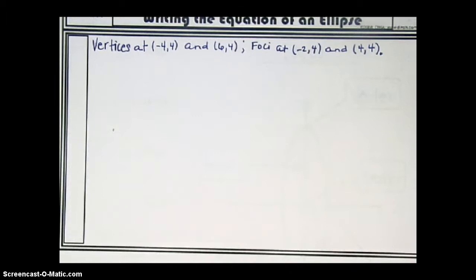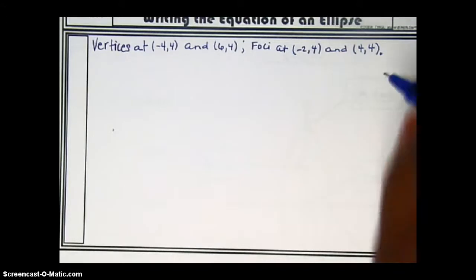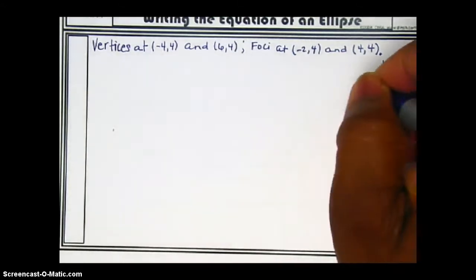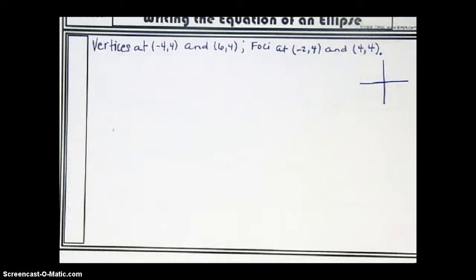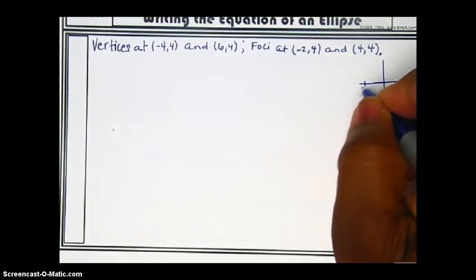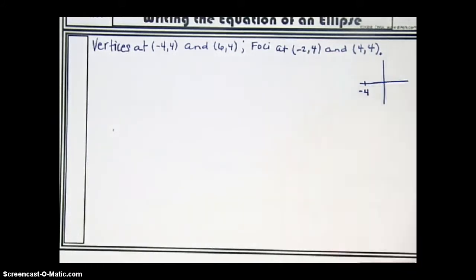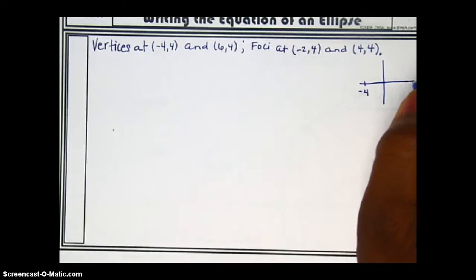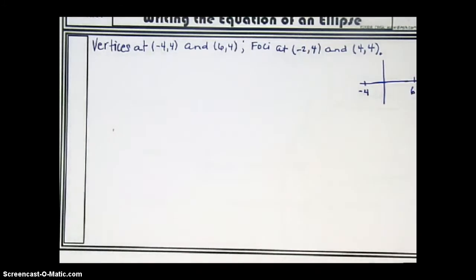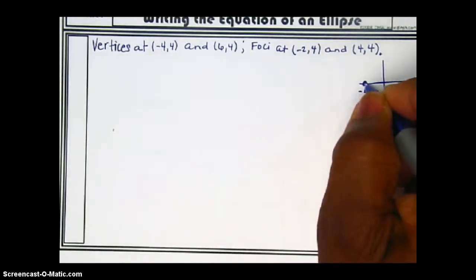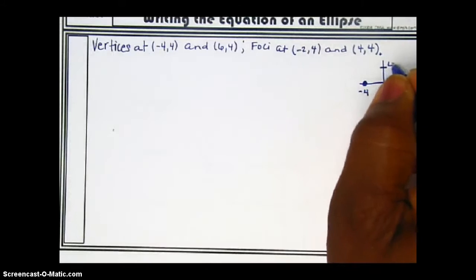We want to write the equation of an ellipse where the vertices are located at coordinates -4, 4, and 6, 4. And the foci are located at coordinates -2, 4, and 4, 4. Now, if you were to do just a really quick sketch of what this ellipse might look like according to coordinates, I have a vertex at -4 on the x and 6 on the x, with 4 on the y.